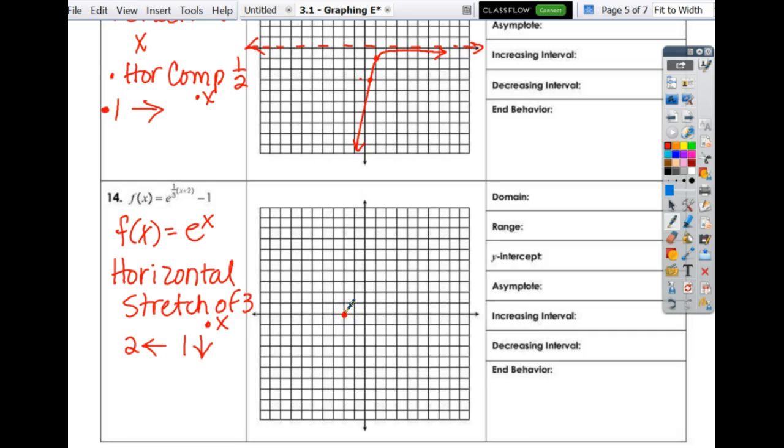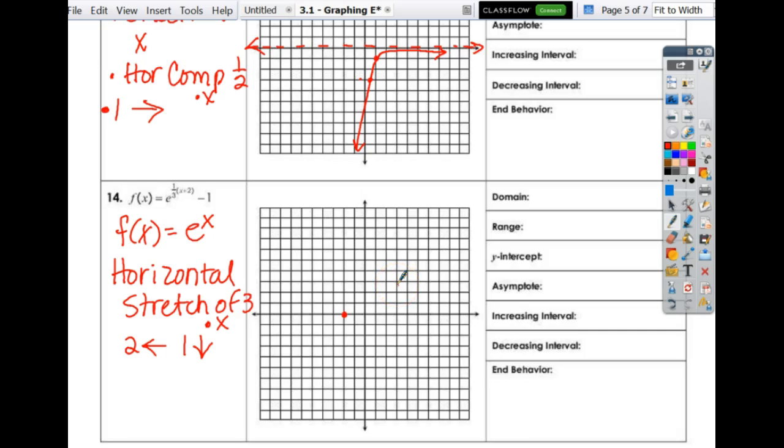What's my first point, friends? I'm going to go over 1 and up what? 2.7. So it's about right here. So my horizontal stretch of 3. So I'm at 1. So 1 times 3 is, so I go over to here.